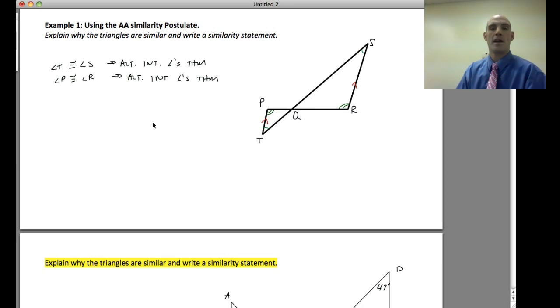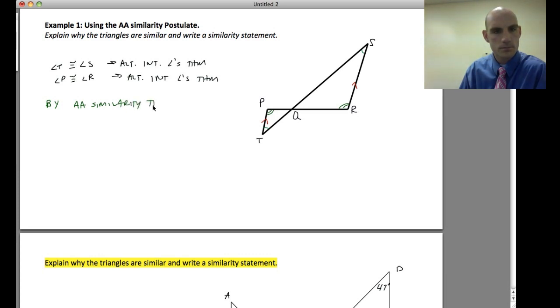Notice, I've proved two angles now. I could prove the third angle, but I don't really need to because I have a theorem that I can use: by the angle-angle similarity theorem, I have two angles that are congruent.